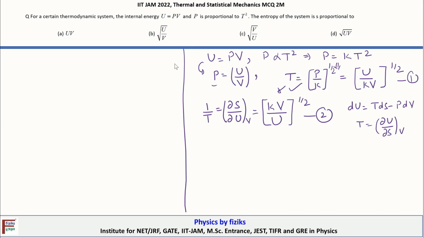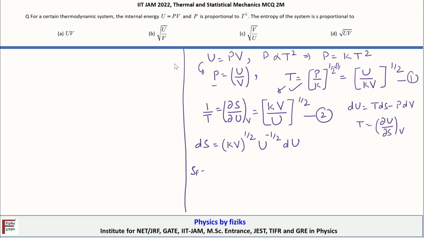So equation 2 implies that dS is equal to K V to the power 1 by 2, and then U from the denominator with power minus 1 by 2, and then dU.